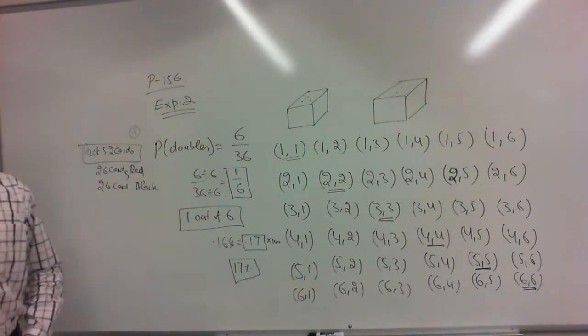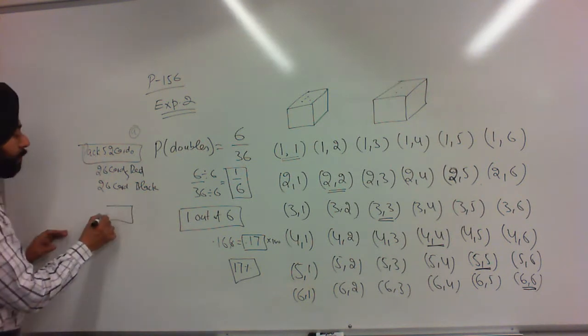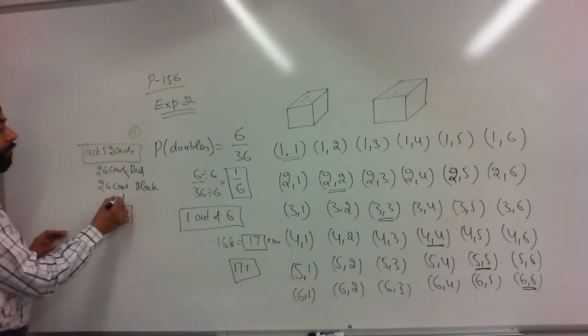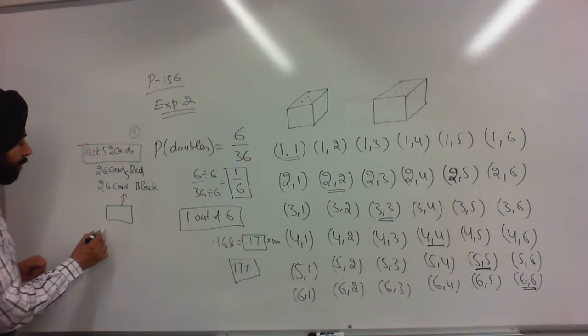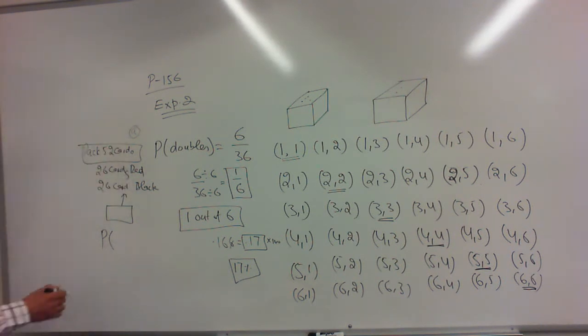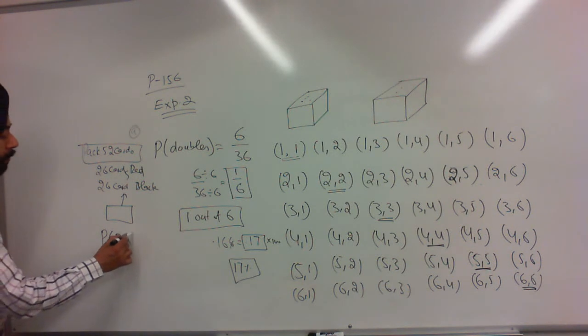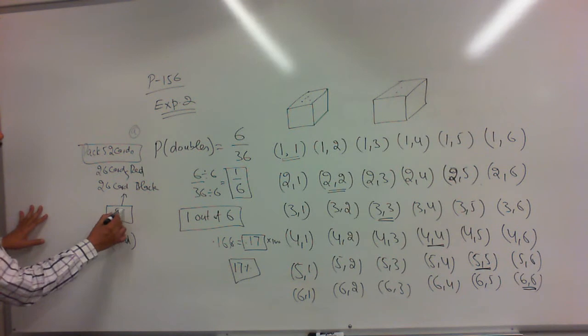I ask you to pick up 1 card randomly, just 1 card, and I'm interested in finding the probability that the card you draw from that pack is going to be red.